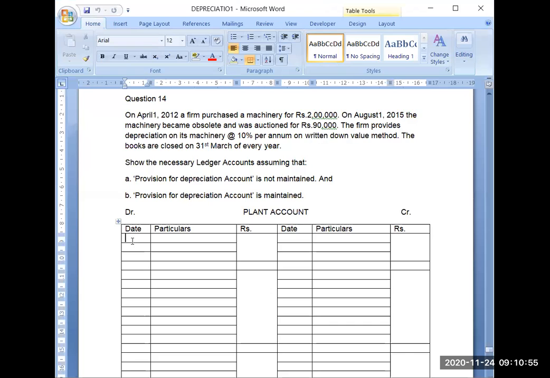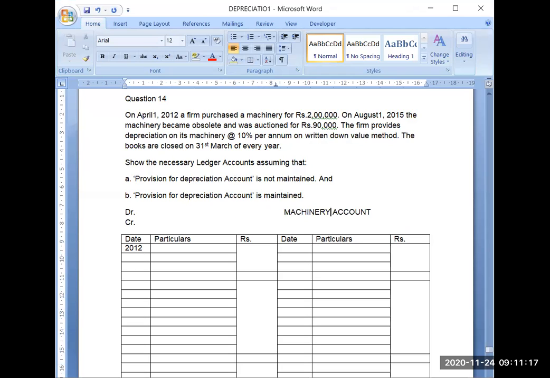So first year is 2012, and we have purchased a machinery. So we have to prepare machinery account first thing. Machinery account.